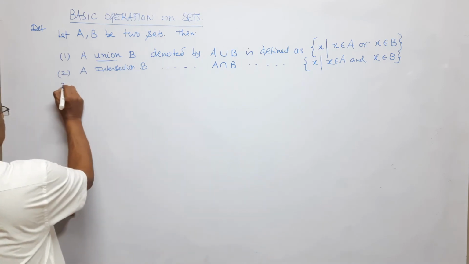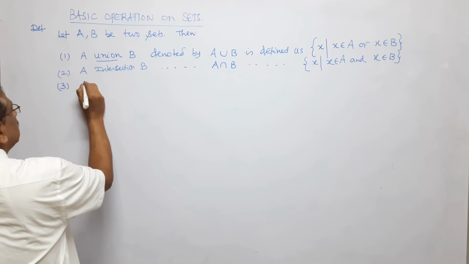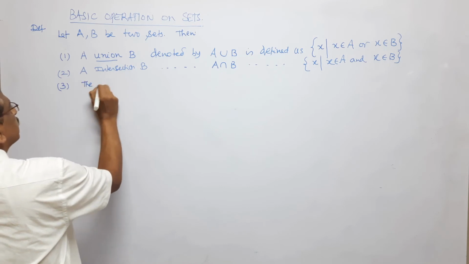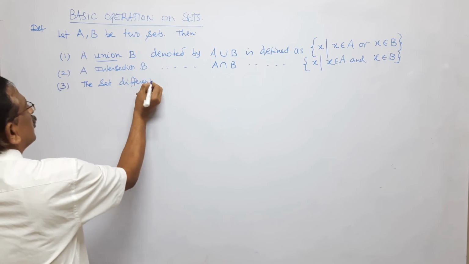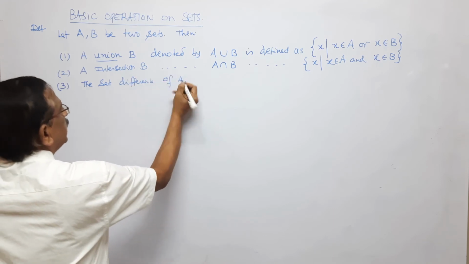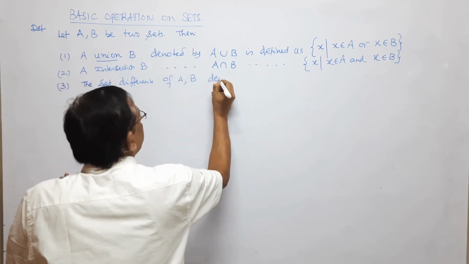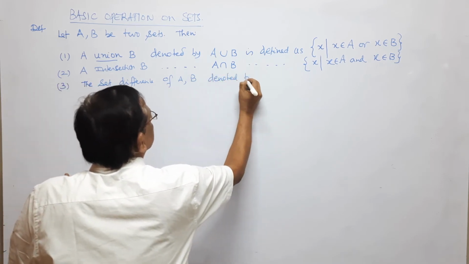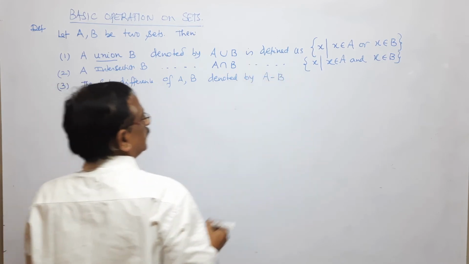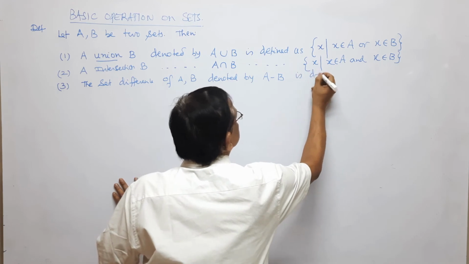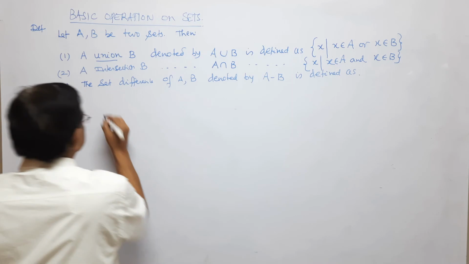Now I'll write down the set difference of A and B, denoted by A minus B, is defined as follows.